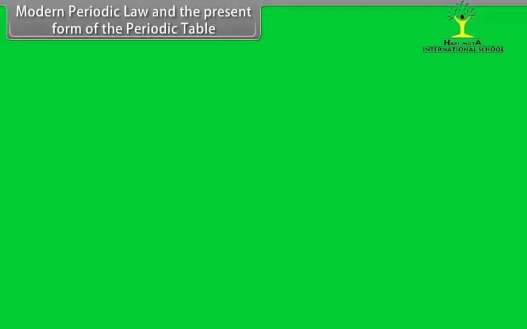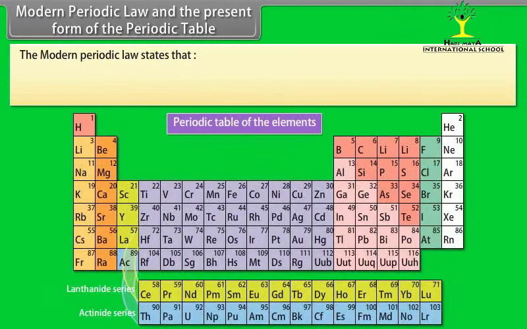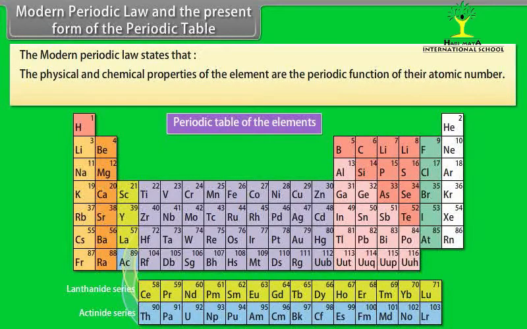Modern periodic law and the present form of the periodic table. The modern periodic law states that the physical and chemical properties of the elements are the periodic function of their atomic number. The present form of the periodic table is the long form.